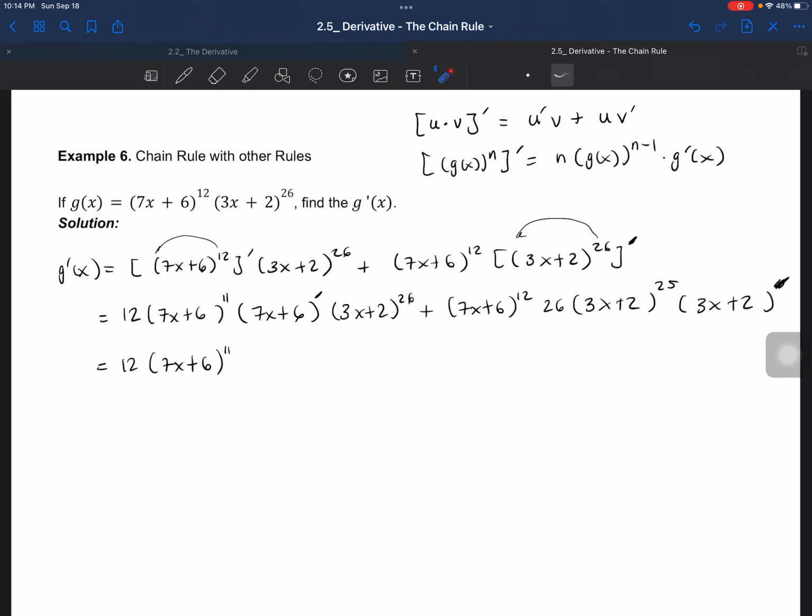So let's go ahead and do that. What's the derivative of 7x plus 6? Well, the derivative of 7x is 7. The derivative of a constant like 6 is 0. So 7 plus 0 is 7. And then we carry everything else.